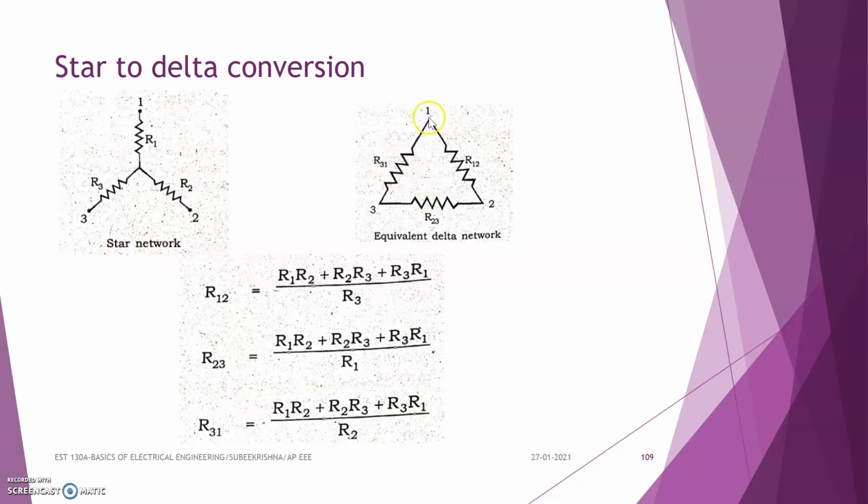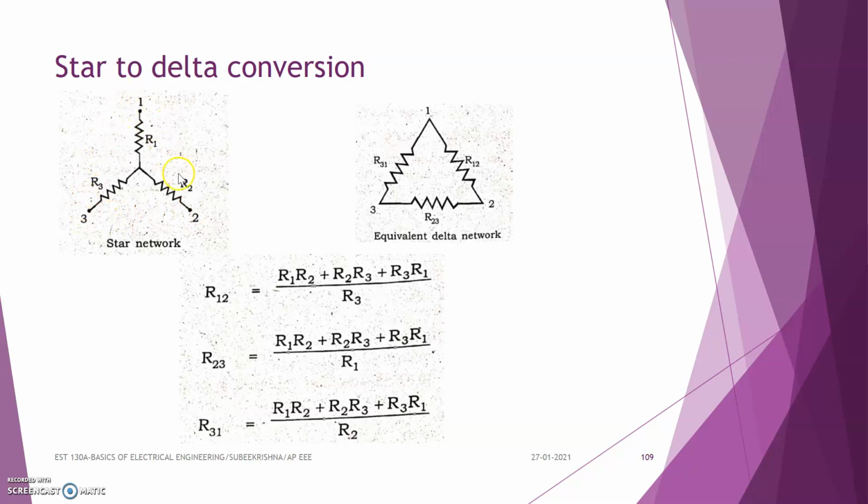So the points 1, 2 and 3 are present here, and the resistance which is connected in between 1 and 2 is R12, 2 and 3 is R23 and 3 and 1 is R31. In the case of a star network, here we are connecting the delta connected network, that is R12, this is R23 and this is R31.